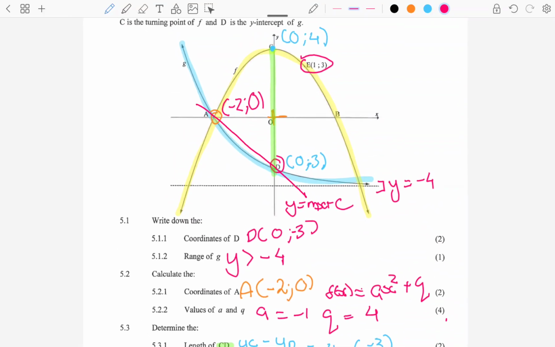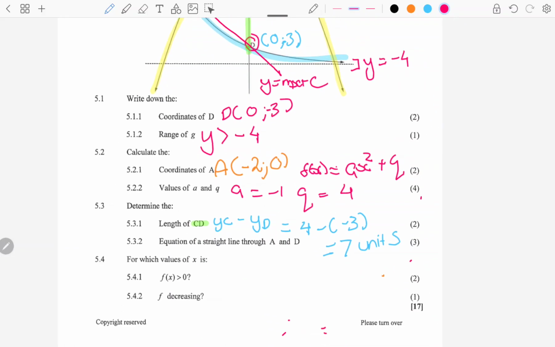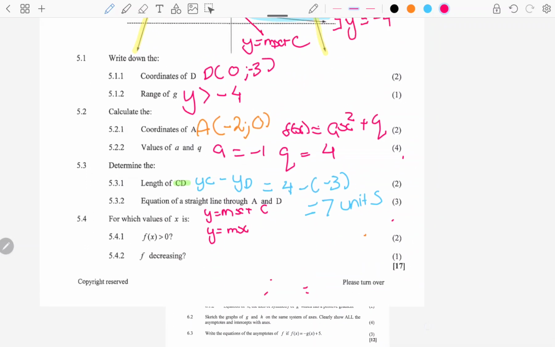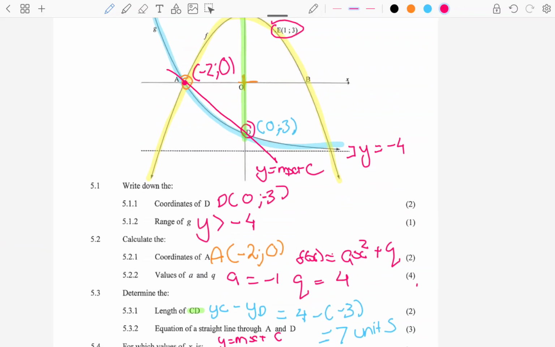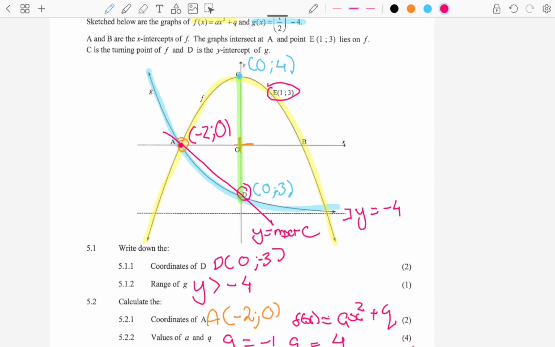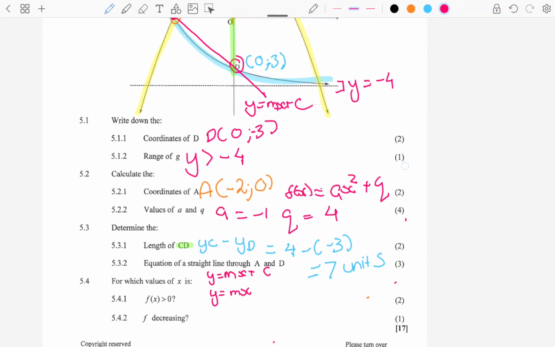So here, at this point, our y-intercept, we already know it's through A. Therefore, y equals mx plus c. y will equal mx minus 2.